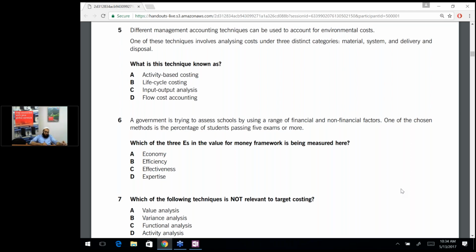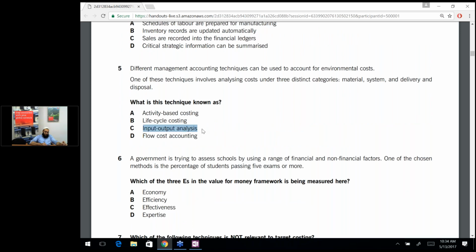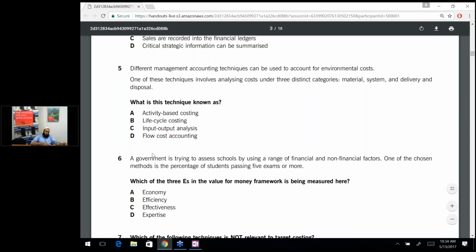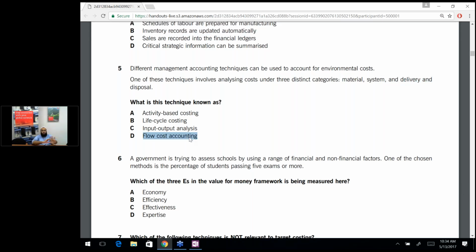Then there are two more techniques: input and output analysis, and flow cost accounting. One of these techniques involves analyzing costs under three distinct categories: material, system, delivery and disposal. So the technique is flow cost accounting, because flow cost accounting tells the flow of the material.